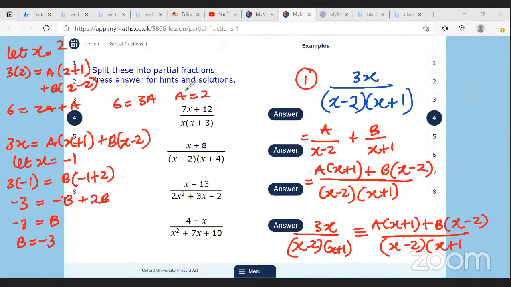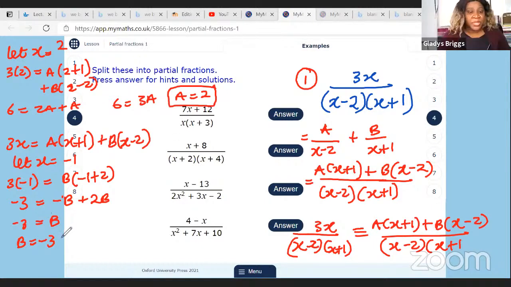So now you've got a and you've got b, and you have to write your answer like this one. It will be 2 over x minus 2, and then the minus in between, minus 3 over x plus 1.